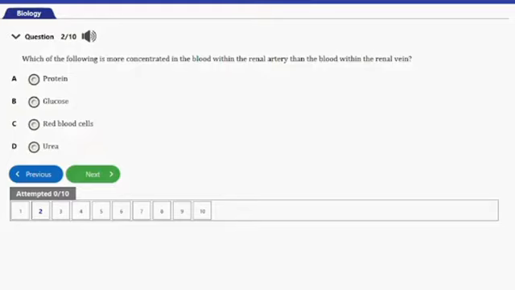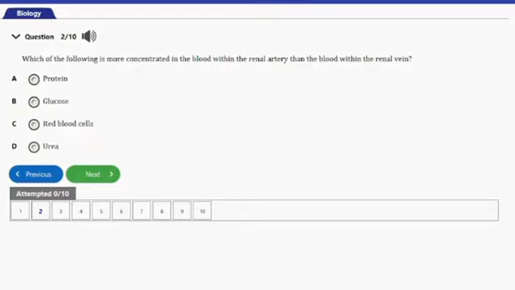The urea is more concentrated in the renal artery than the renal vein, because when the urea gets down to the efferent arterioles, passing from the glomerulus, a large percentage of the urea from there will be filtered down into the tubules, right?